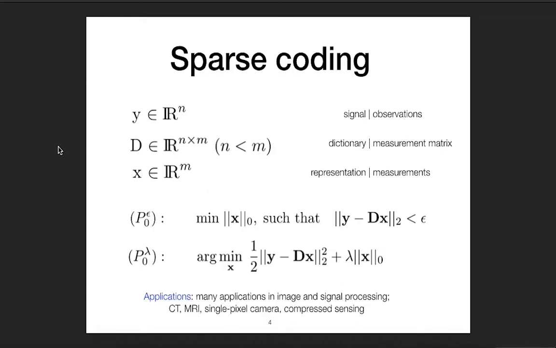Our goal today is to find such an X which reconstructs Y using this dictionary D by only using a very small number of atoms, right? So how do we formulate this? Let's say Y is our signal, and D is our dictionary matrix, where you are building these kinds of things. One example of D can be what we already know, the Fourier dictionary.